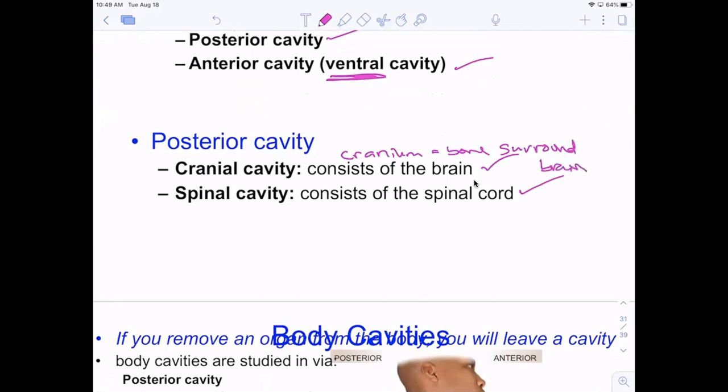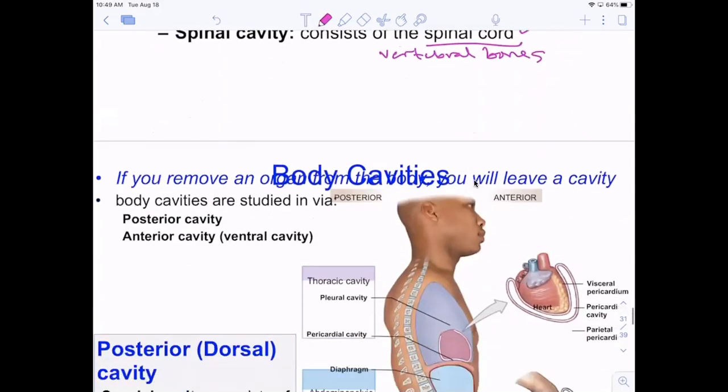Okay, so the brain is in the cranial cavity, but the cavity is actually made up of the bones. And for the spinal cord, it's made up of the vertebral bones that surround the spinal cord. So the vertebral bones are the spinal cavity. What's inside of the spinal cavity is the spinal cord. What's inside of the cranial cavity is the brain.